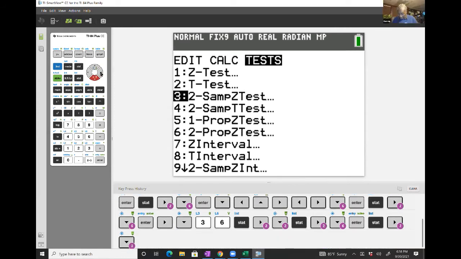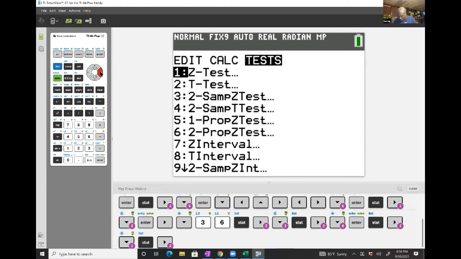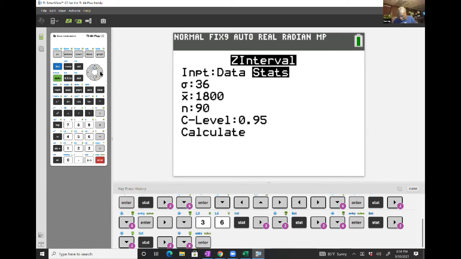Wait a minute. Stats. And go over to test. Come down to Z interval. Hit enter. And it should look like this right now. The stat should be the one blinking.